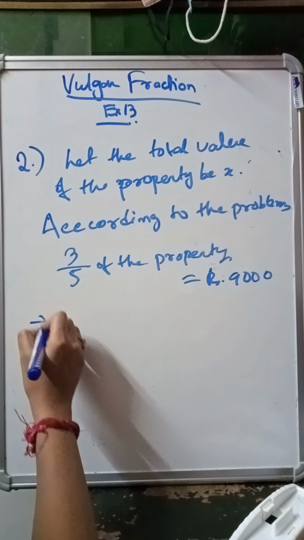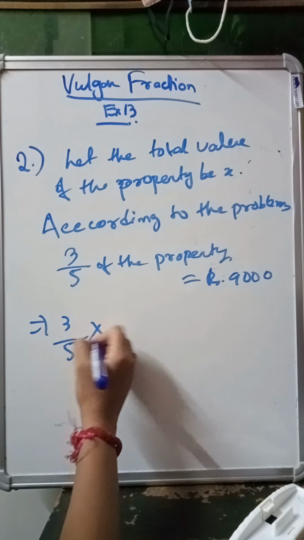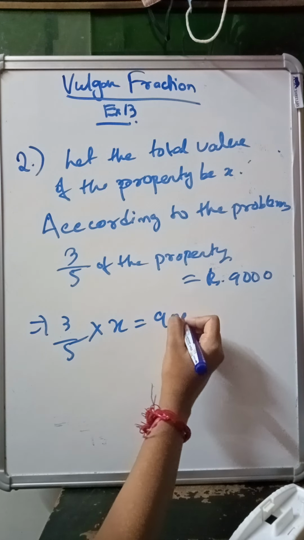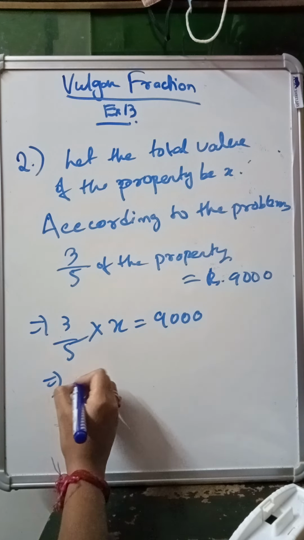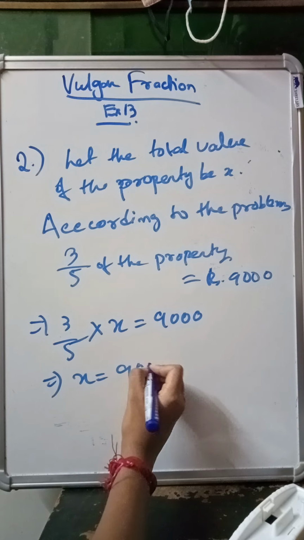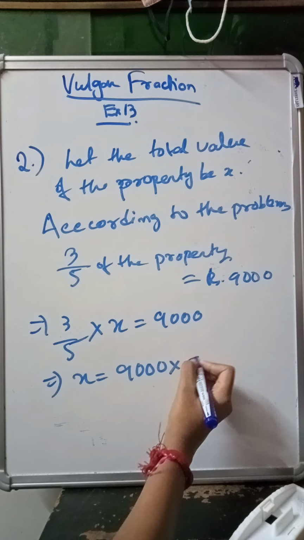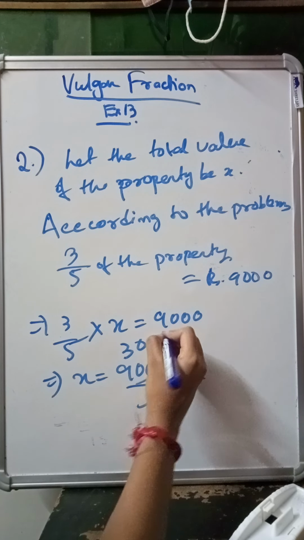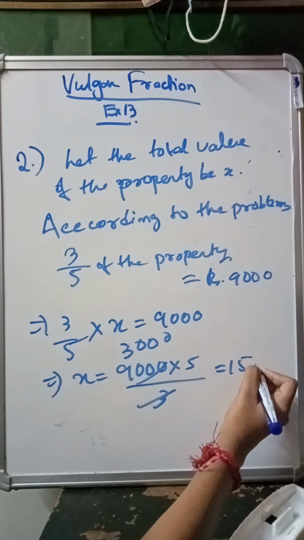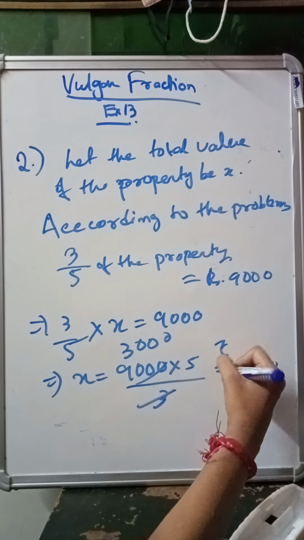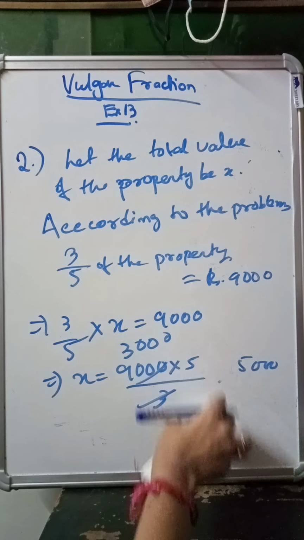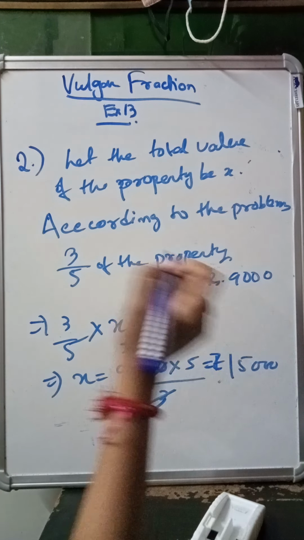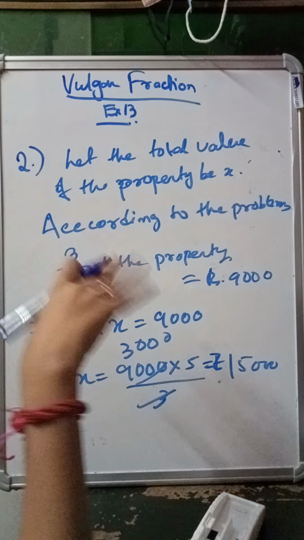So 3/5 into the total value of the property x is 9,000. So the total value will be this. If I cancel this out, I will get rupees 15,000. So this is the total value.